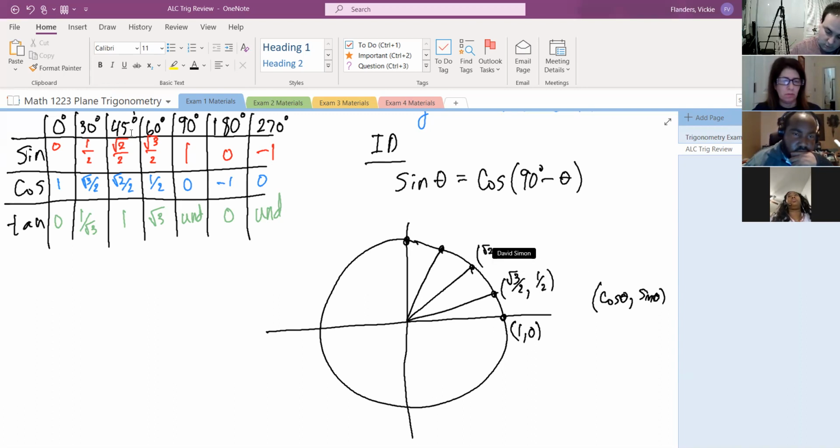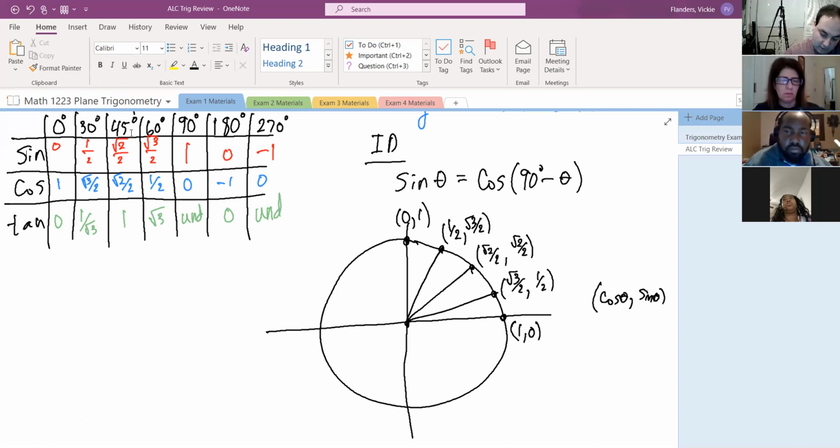Then square root of 2 over 2, square root of 2 over 2. Then 1/2 and square root of 3 over 2. And then right here at 90 degrees, you would have the point 0, 1. Notice how the 0 and 90 degrees actually makes sense to the circle, right? Because that's an actual point on an axis there, right? We know it's 0 x and just full radius 1 with the y.